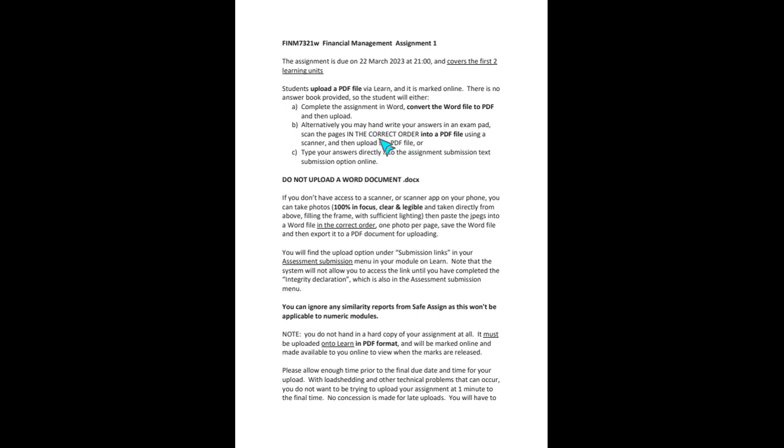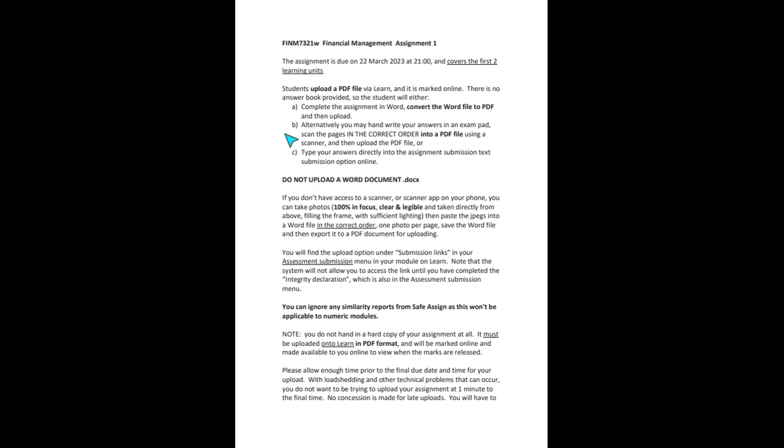And if you do handwrite, you must number the pages in the correct order, and then scan them in the correct order, because I can't mark page 3 first and then your next page is 5 and page 1 is further down the line. They have to be in the correct order, and all of the pages must be in one PDF file in the correct order. Save it as the PDF file and then upload that PDF file.